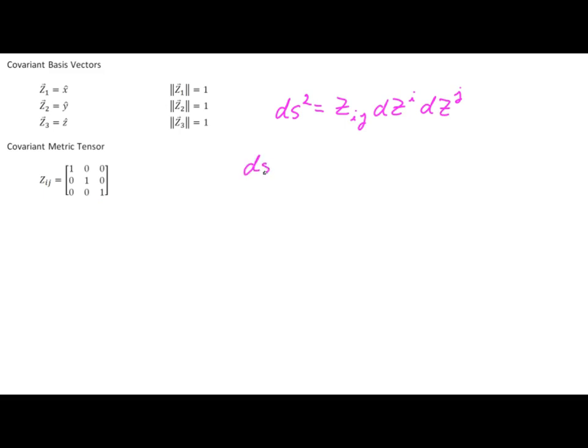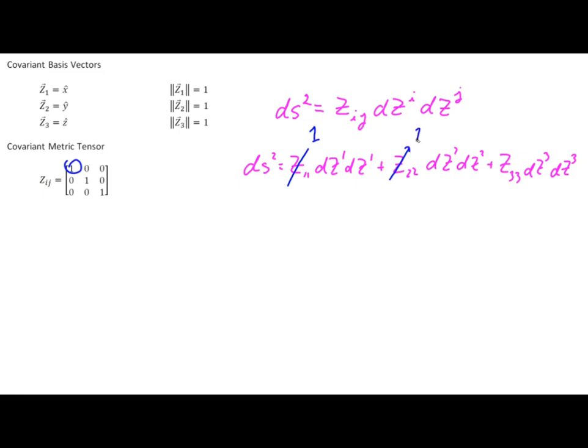Okay, so here's what we do. ds squared equals Z11 times dz1 dz1, plus Z22 dz2 dz2, plus Z33 dz3 and dz3. Well, now this is equal to 1 from over here.